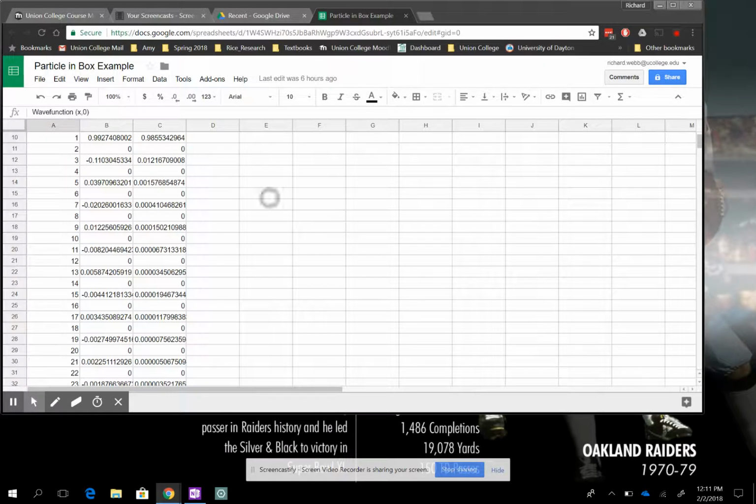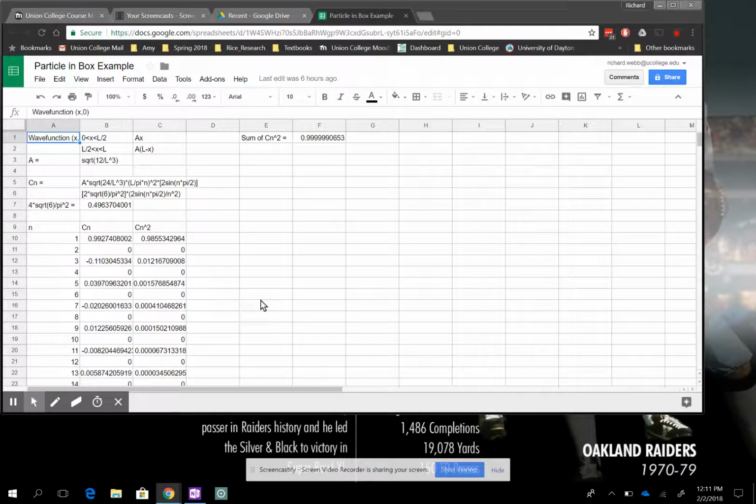What's the point of this? The sum of all of my c sub n squareds is approaching 1. It should. Why should it approach 1?